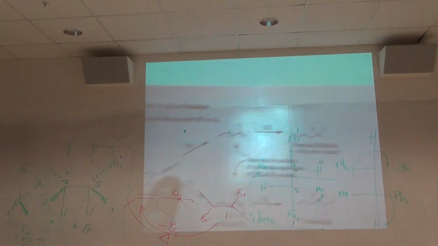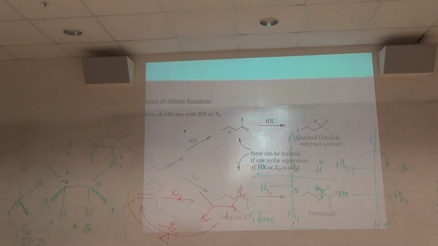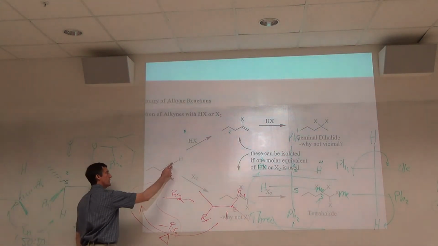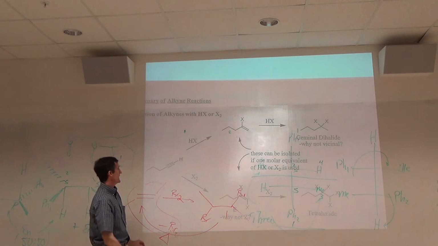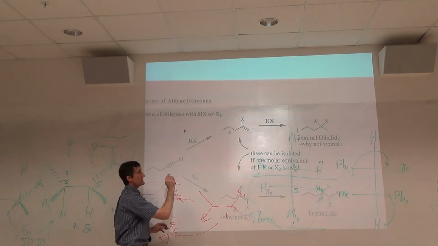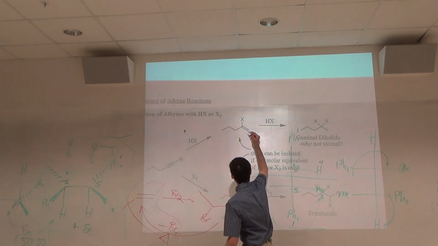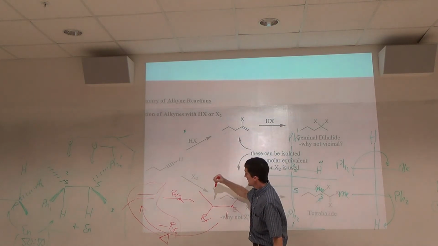Summary of alkynes here. Terminal alkyne. Don't lose track of your two carbons. We can add HX across the pi bond and get this. Why does the X end up on that carbon?